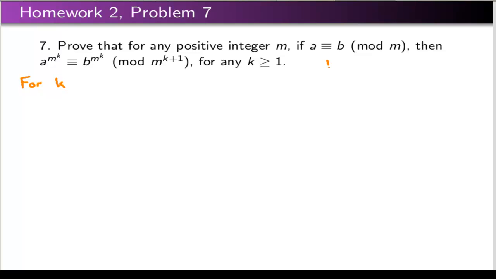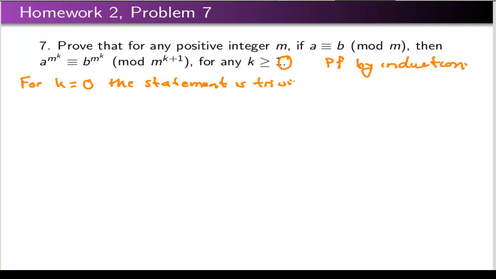So, proof by induction. We could have just said k equals 0, because when k is 0, this is, in fact, the hypothesis right here. For k equals 0, the statement is trivially true.